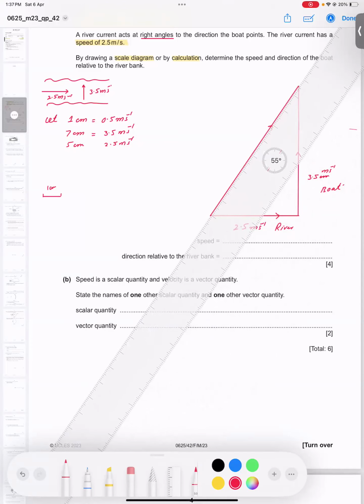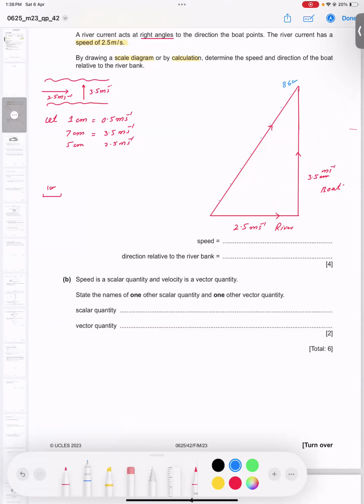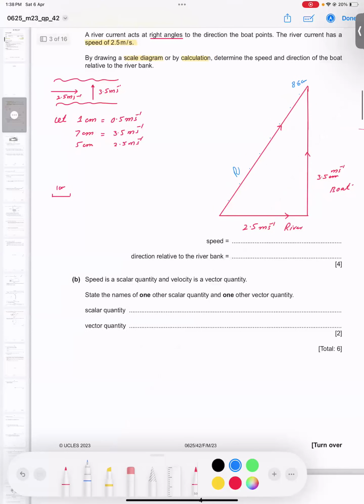This is 1 centimeter, 2 centimeter, 3, 4, 5, 6, 7, 8, and 8.1, 8.2, 8.3, 8.4, 8.5, and it is approximately 8.6 centimeter length. This resultant is equal to 8.6 centimeter.